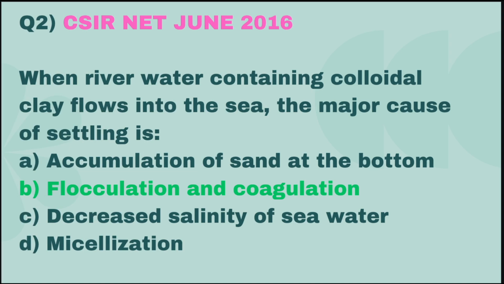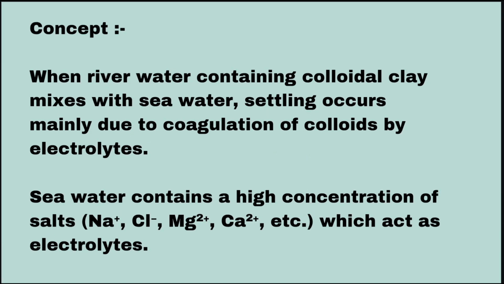The question is, when the river water containing colloidal clay flows into the sea, the major cause of settling is option A, accumulation of sand at the bottom, and option B, flocculation and coagulation, and option C, decreased salinity of seawater, and option D, vitrification. Now, let's see the solution.